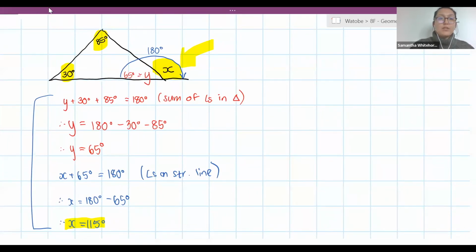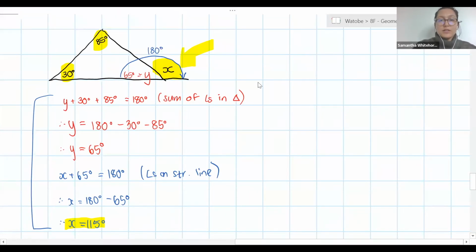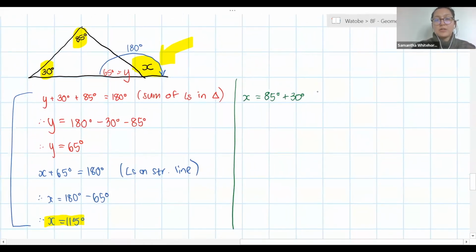And so what we can do is, rather than say all of this, we can say, well, I know that X is equal to 85 plus 30. And that reason then is because of exterior angles of a triangle. And all we do then is add them together to get our 115.